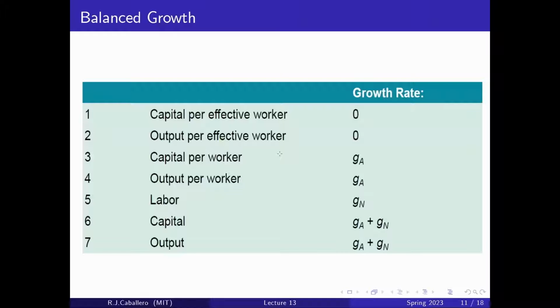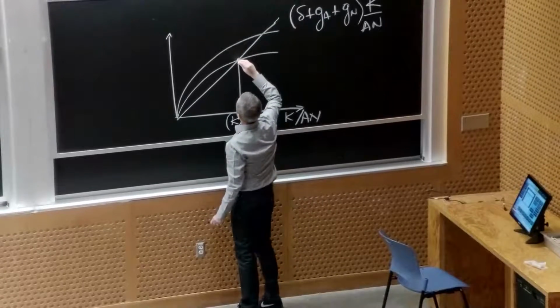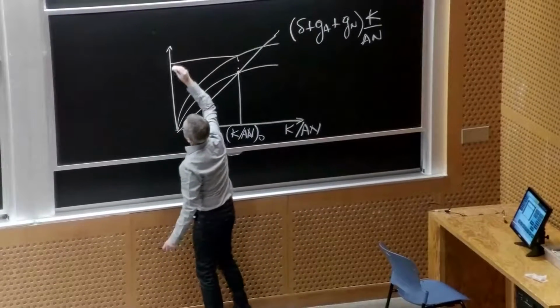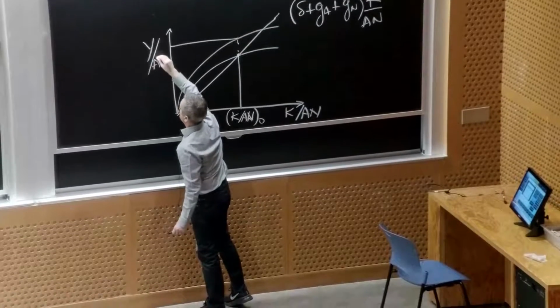Capital per effective worker at the steady state is growing at 0. That's my definition of a steady state. Output per effective worker is also growing at the rate 0. That's my steady state level of output per effective worker.